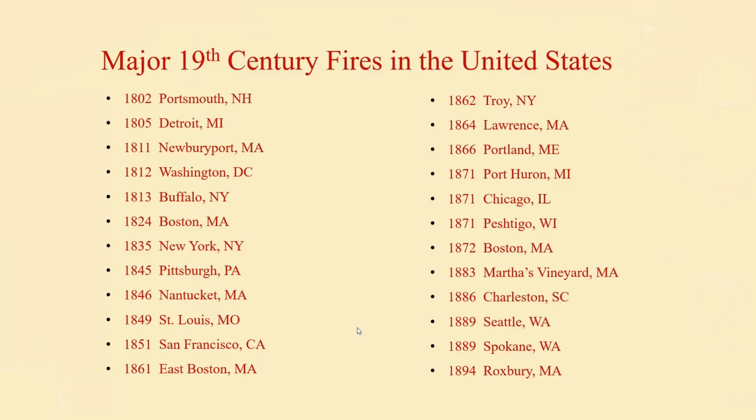Throughout the whole century, there were about 24 major urban fires in the United States. And this is not even counting the hundreds, no doubt, of fires in small towns and medium-sized towns that destroyed blocks. So there was a need for fire insurance.